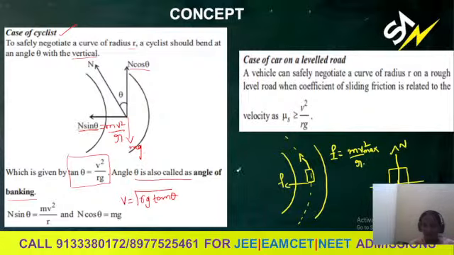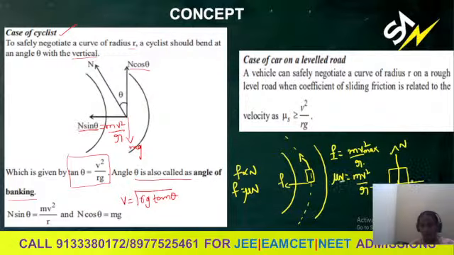Then frictional force is always proportional to normal reaction. Then maximum frictional value is mu into n. So take here mu n is equal to mv square by r, where v is the maximum speed needed to be maintained. So when he is on a level circular track, what is his safest speed to maintain.